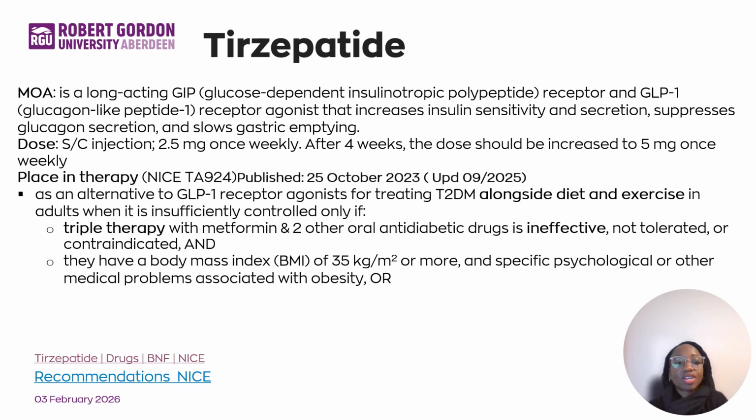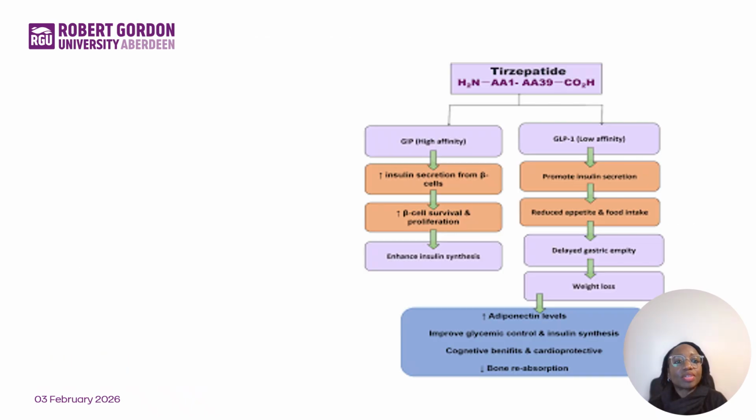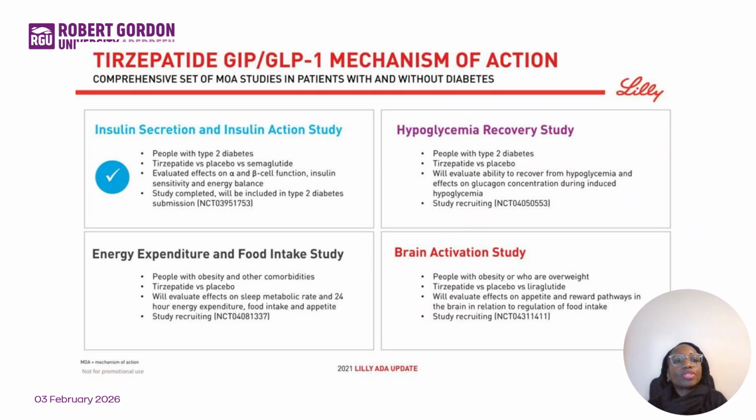So this is because if somebody has a BMI of 35, they're potentially obese. Okay.